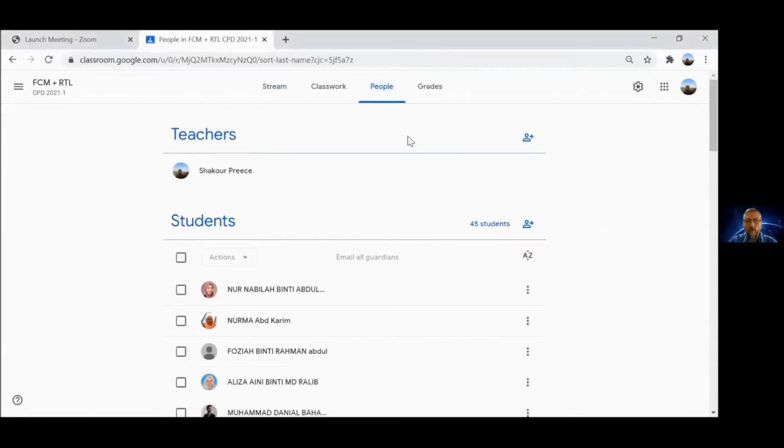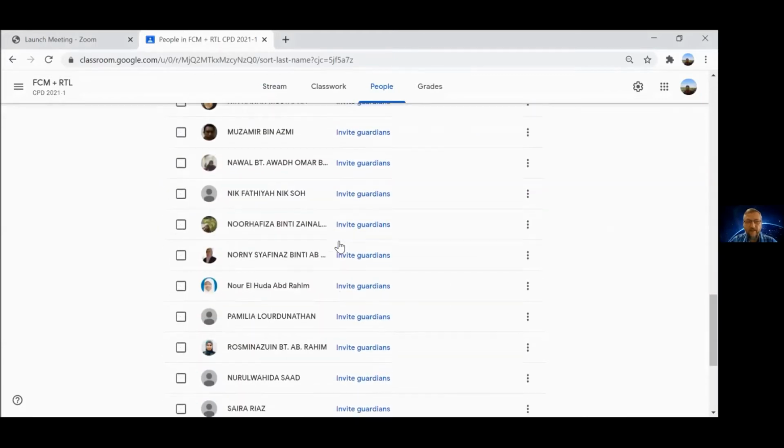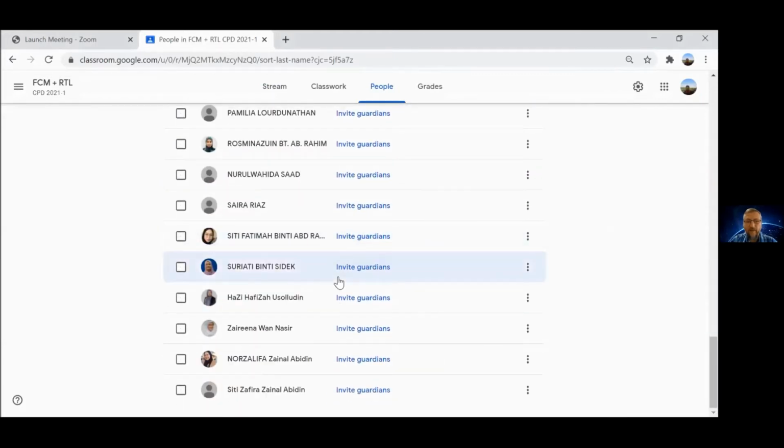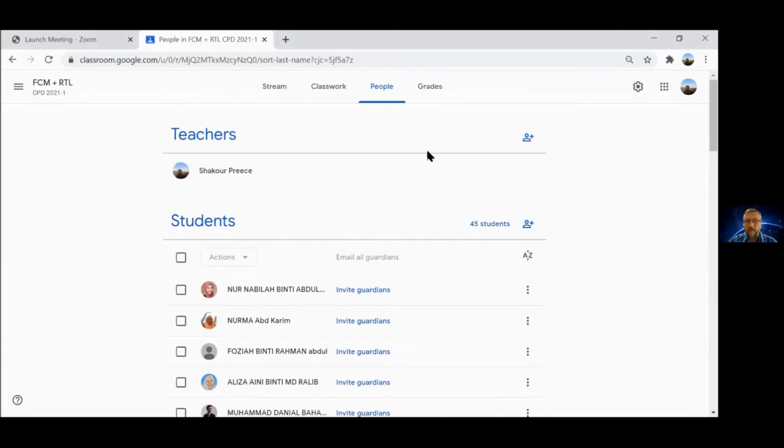Do you have yours? We do have some people in there. Okay, good. I think you can actually add about 1,000 people into Google Classroom, which is handy. Can you see my screen? Yes, we can see. Cool. How do I move this thing? Right, let's move that somewhere else.